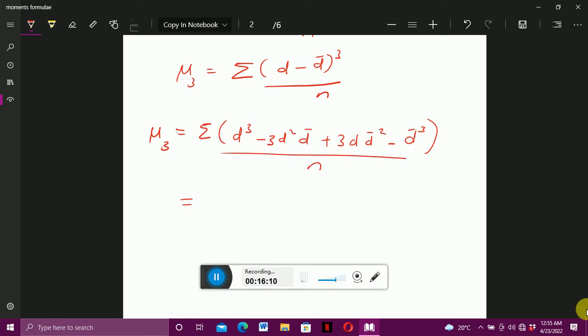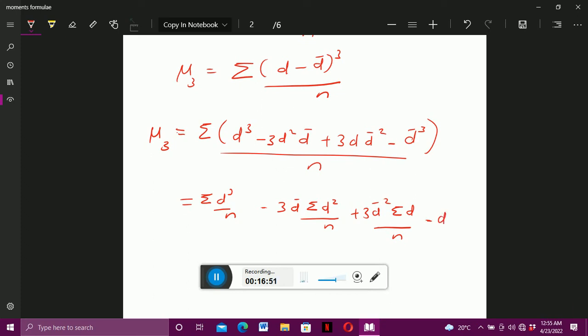So distributing the summation, we have the sum of d cubed over n minus 3 d bar sum d squared, or that divided by n, plus 3 d bar squared sum of d over n minus, of course, we have d bar.